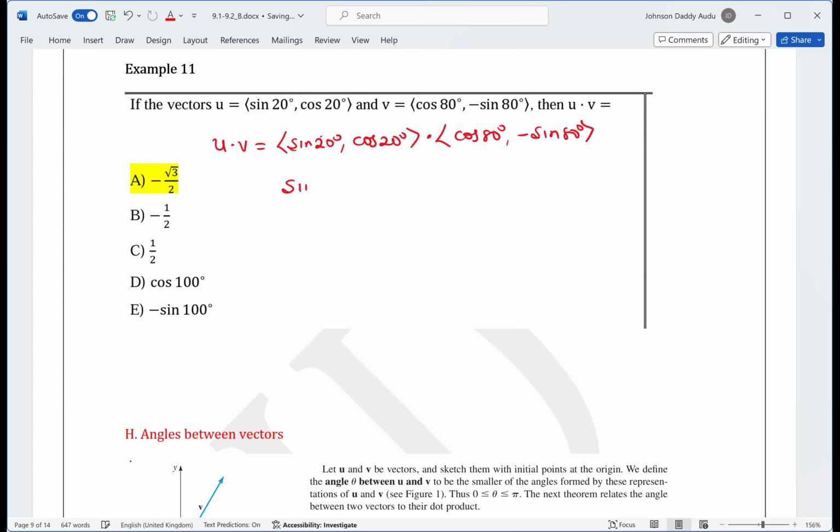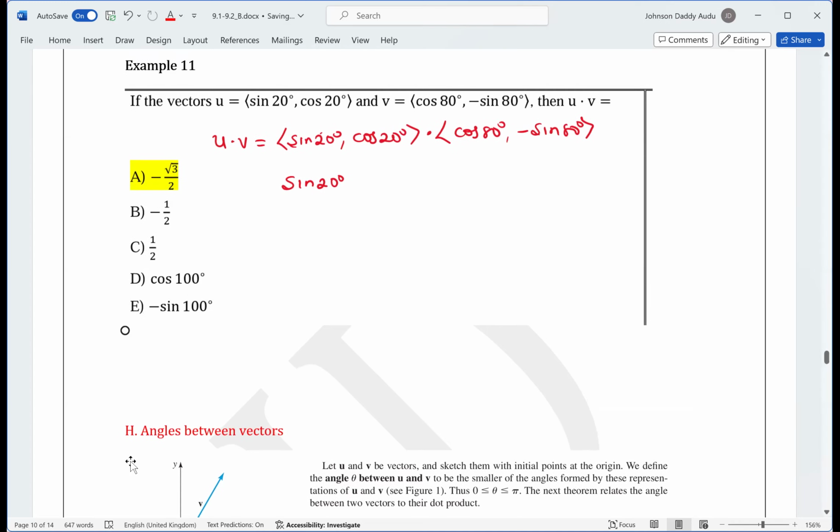So you will have sine 20 cosine 80, then minus cosine 20 sine 80.